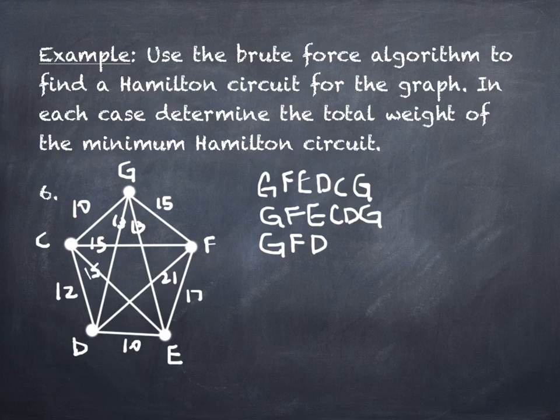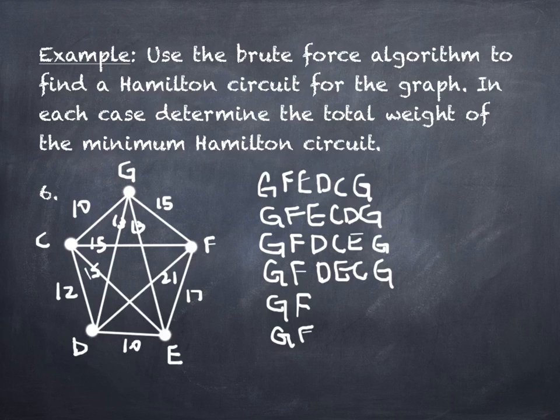So G, F, D, we could do C, E, G, or we could do G, F, D, E, C, G. Next we can do G, F, and we've done E next, we've done D next, so we need to do C. So C, D, G, or C, D, E, G. And these are all the different ways we can start out with G, F.